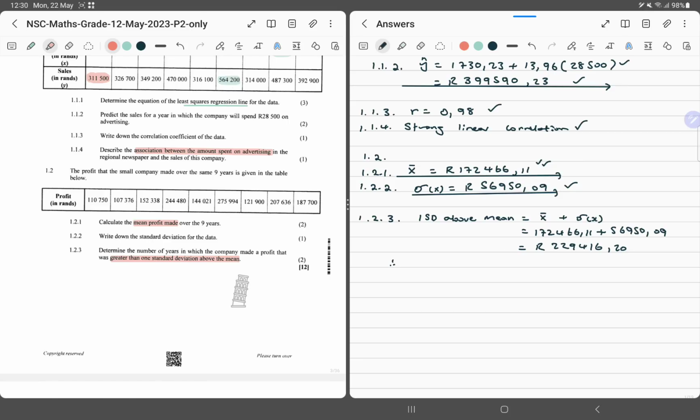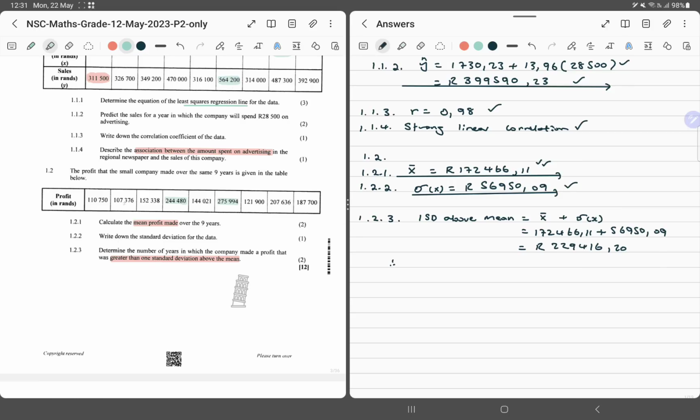Therefore, it will take how many years? So let's see what those values are that are above this value here, because we want to see anything that is above it. 110, 107 is less, 152 is less, 244 is correct, it's above 229, so 275 is above 229, and then yeah, that's it.